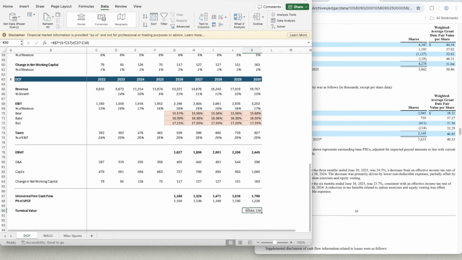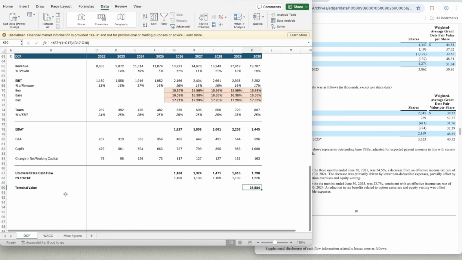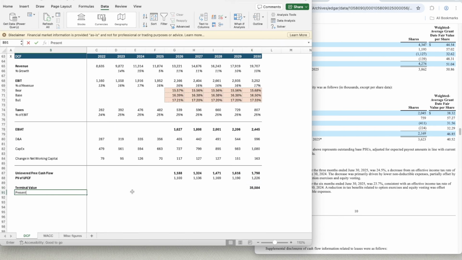And that gives us a terminal value of 35.5 billion. Just format it.